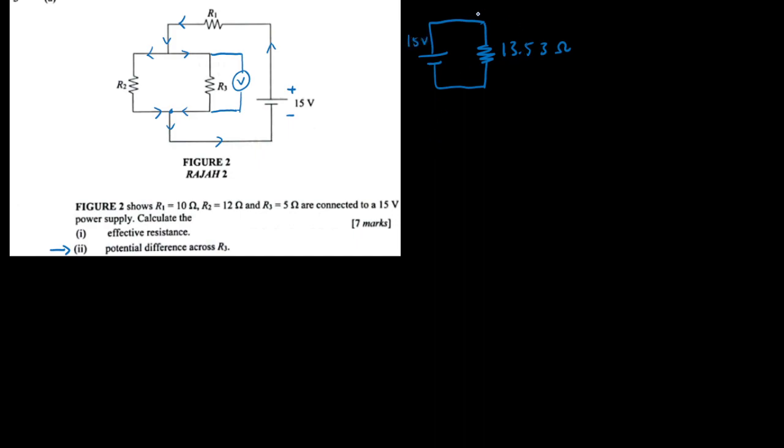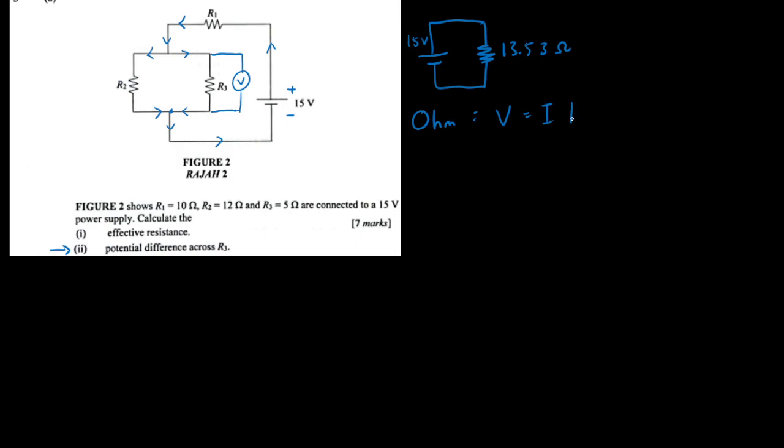Okay, so even from this simple diagram alone, I can work out the current that flows through this whole resistor. I can simply apply Ohm's law, V equals IR.